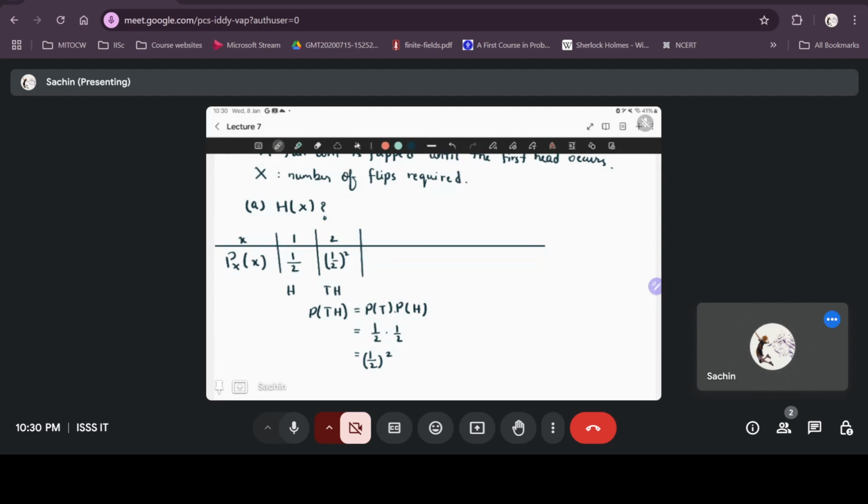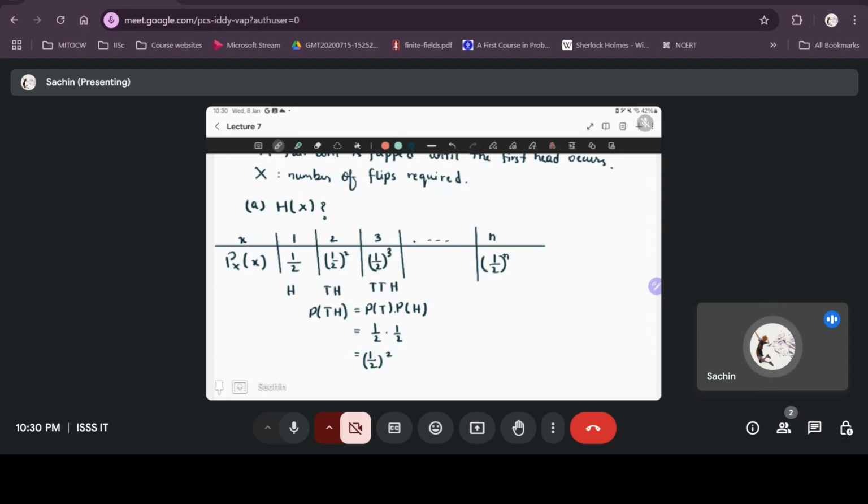Similarly, X can take the value 3. That means the first two tosses were tails and the third toss was a head. This occurs with probability half power 3. And so on. The probability that X takes the value n is half power n.